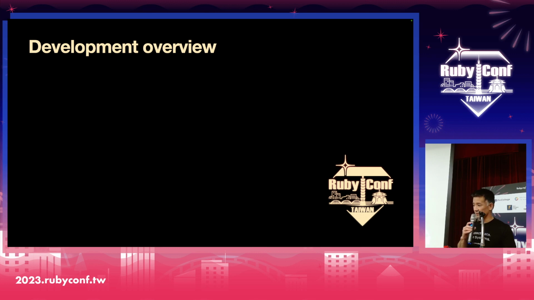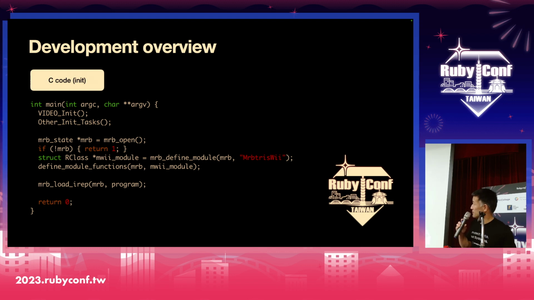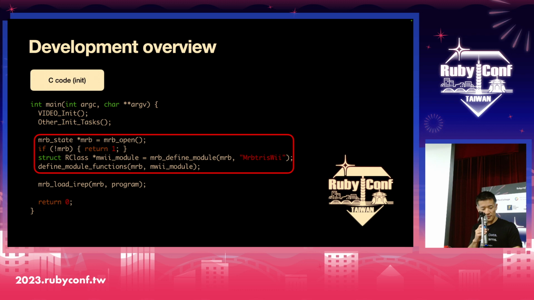And so here's the development process overview. To get started with development, you need to write some C code. You don't really have to read this, but this is the main function of the C code, which does a bit of platform-related initialization. This part initializes mruby, defines a class or a module, and attaches functions to it.